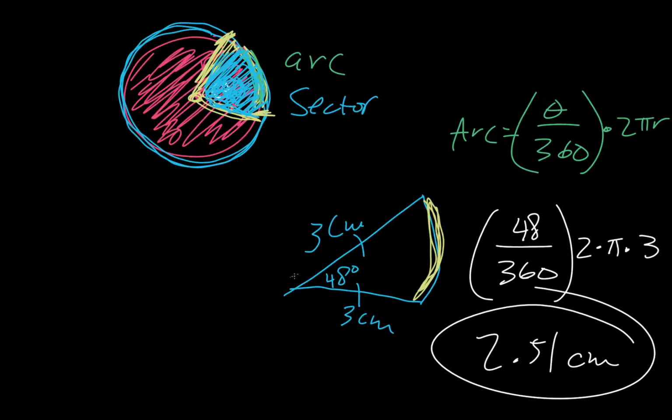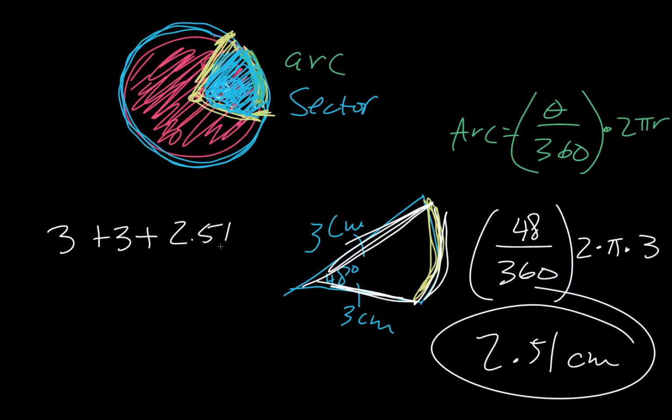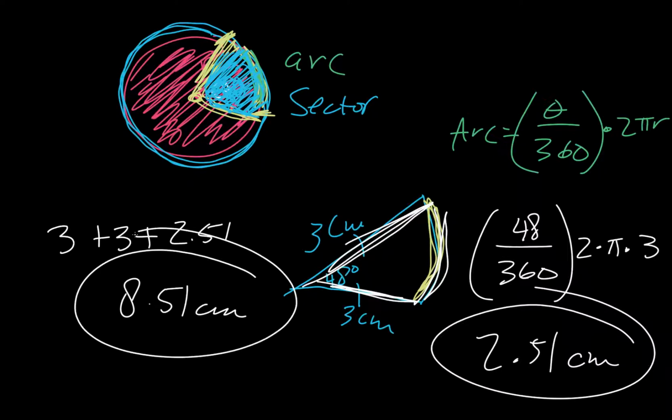So what that's going to be is 3 plus 3 plus the arc length, and we just figured that out. So it's going to be 3 plus 3 plus 2.51. So that's going to be 8.51. Once again, it's a length, so it's centimeters.